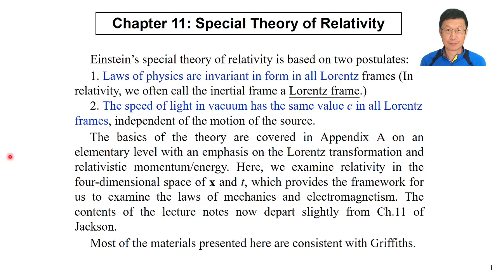Appendix A is at an elementary level with an emphasis on the Lorentz transformations and relativistic momentum and energy. Here we examine relativity in 4-dimensional space, x and t, which provides the framework for us to examine the laws of mechanics and electromagnetism.